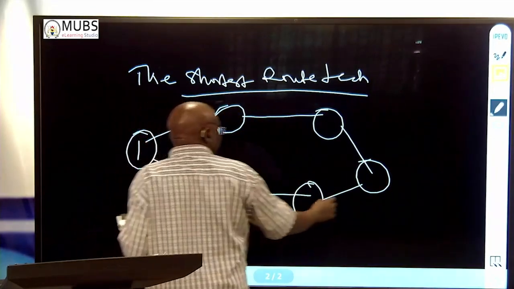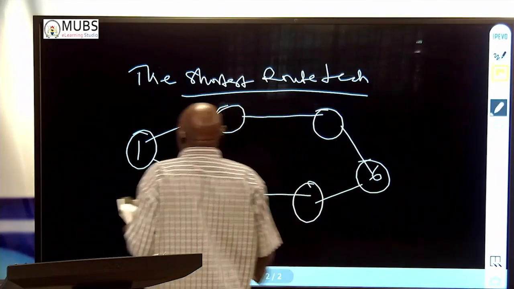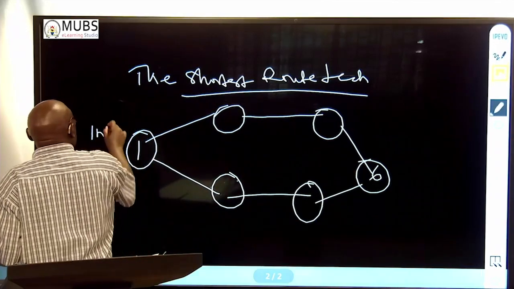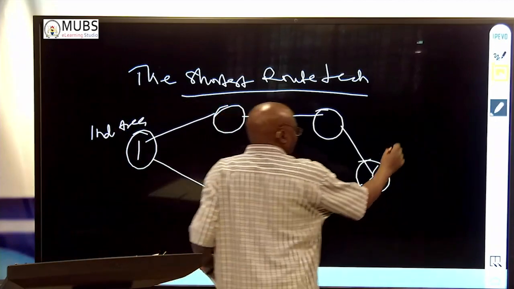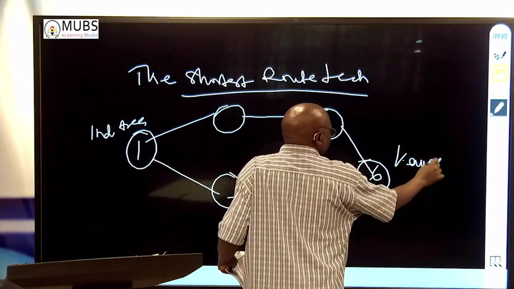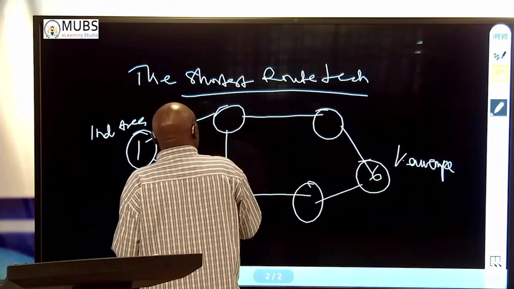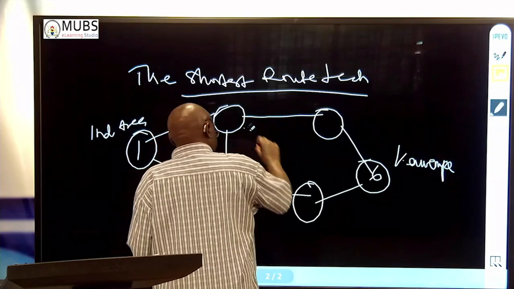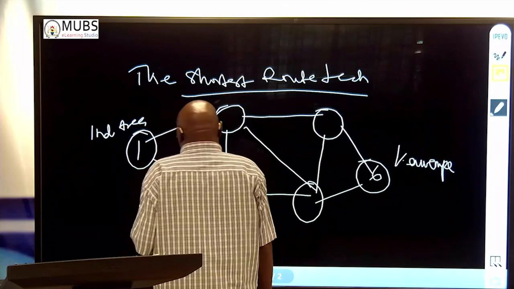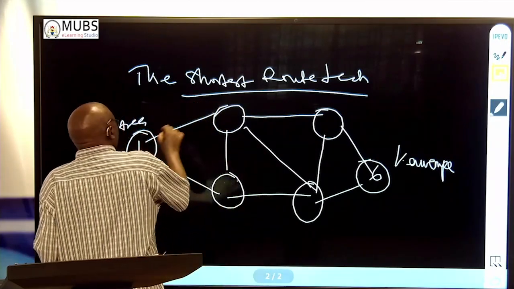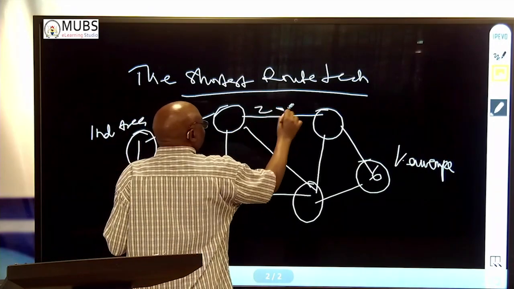This is 1, this is 6. This is industrial area. This is Kawempe. So this is a road network, and the connection is between those nodes. This is 100, this is 200.